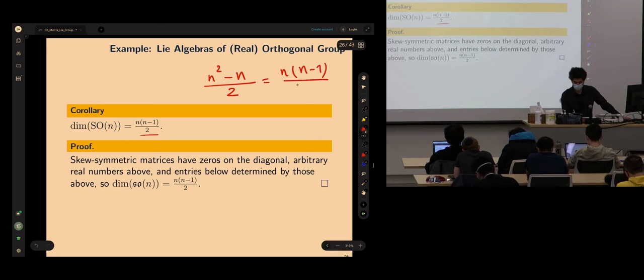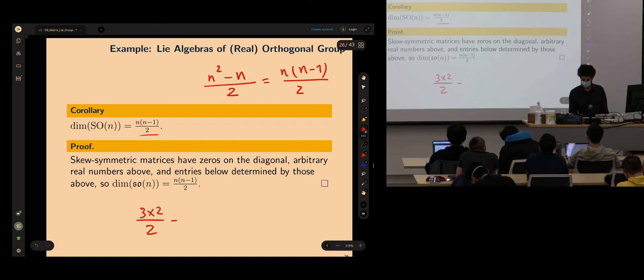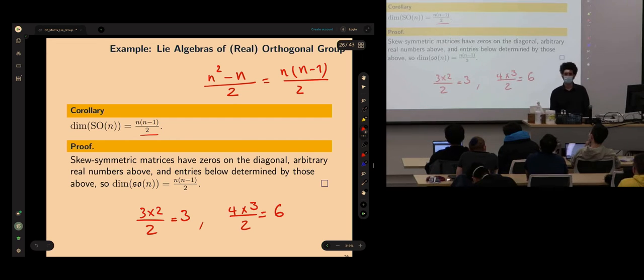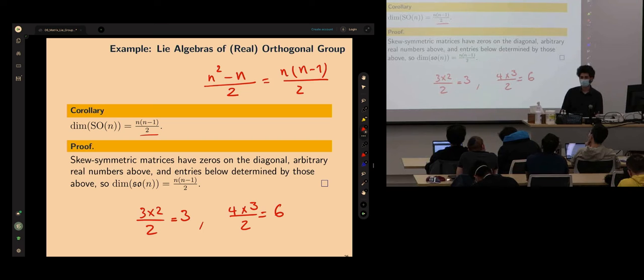So we learned that the dimension of SO(n) is n times n minus 1 divided by 2. For 3, we get 3. For 4, we get 6. So in 4-dimensional spaces, you can rotate in 6 ways.